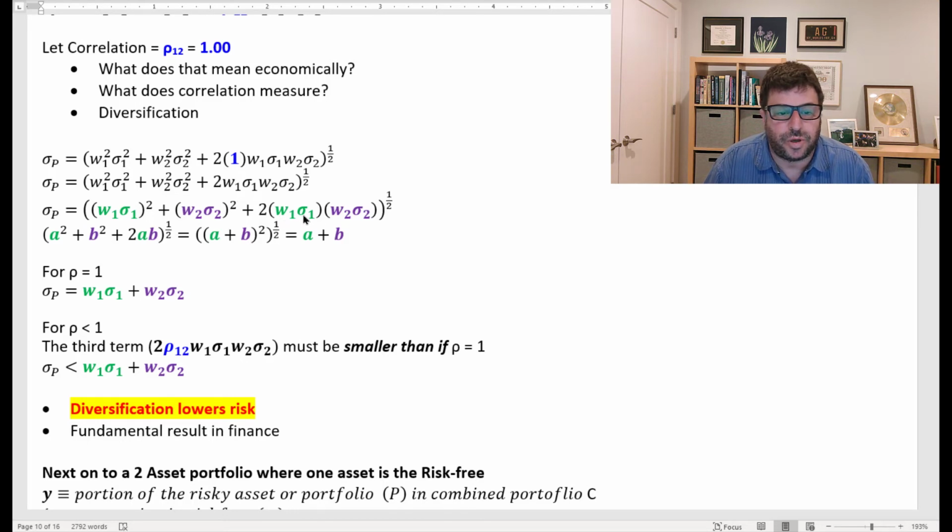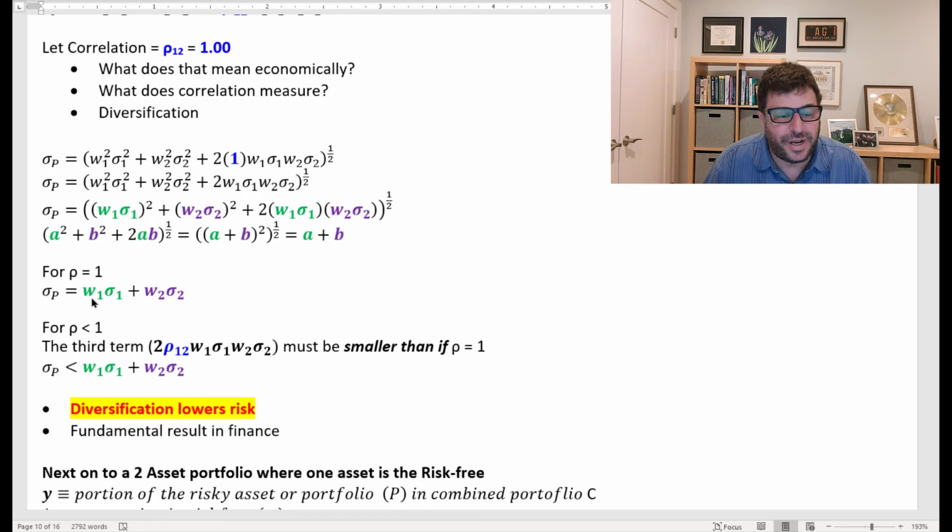But then I also have these terms repeating here, so W1, W2. And I notice that this is of the form A squared plus B squared plus 2AB, all of that to the 1/2. And I can see that this is actually equal to A plus B. And so when rho equals 1, the risk of the portfolio, again, is this weighted average.